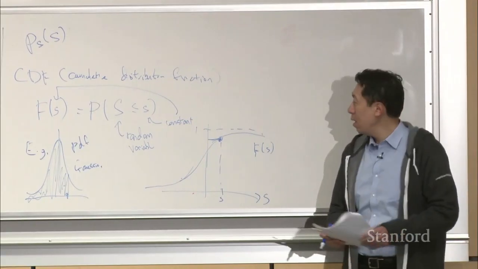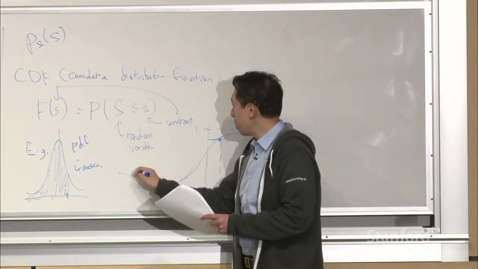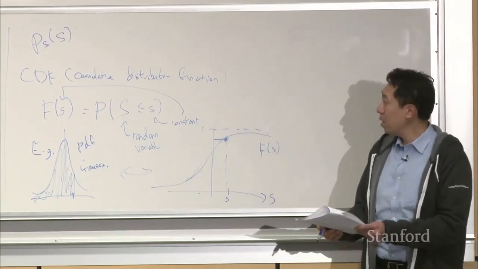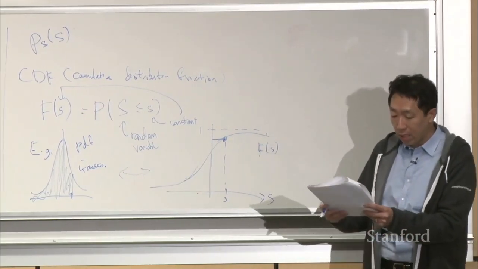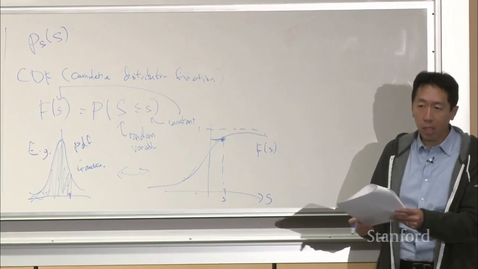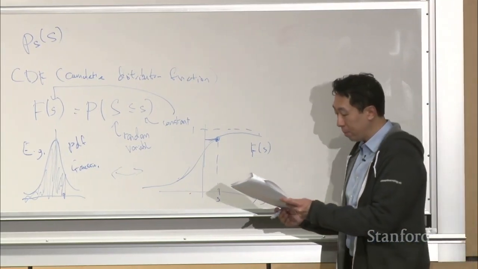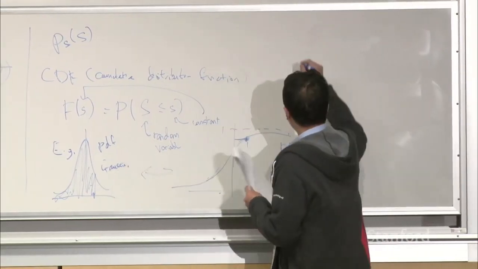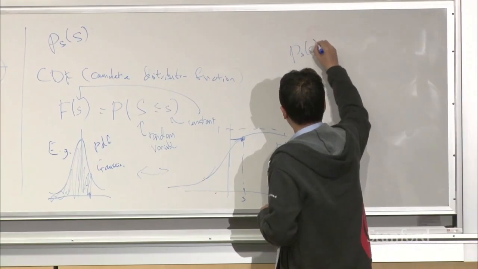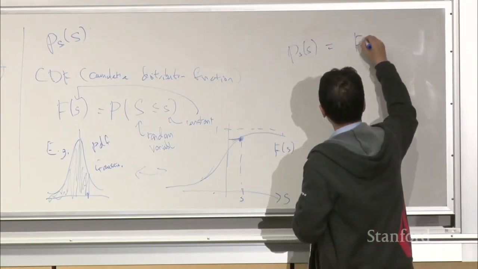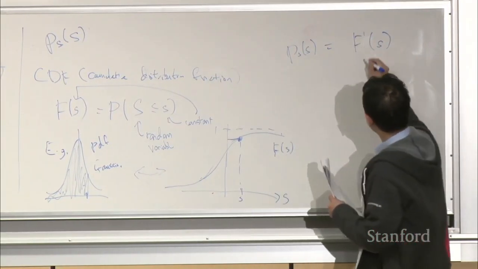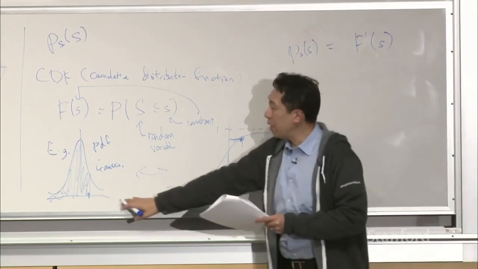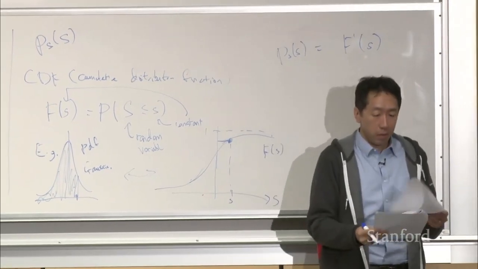Sometimes some probability and statistics courses teach this concept, and some don't, I guess. But there's a mapping between the PDFs and the CDFs of a continuous random variable. And the relation between the PDF and the CDF is that the density is equal to the first derivative, F prime. So if you take the derivative of the CDF, then you should recover the PDF, okay?